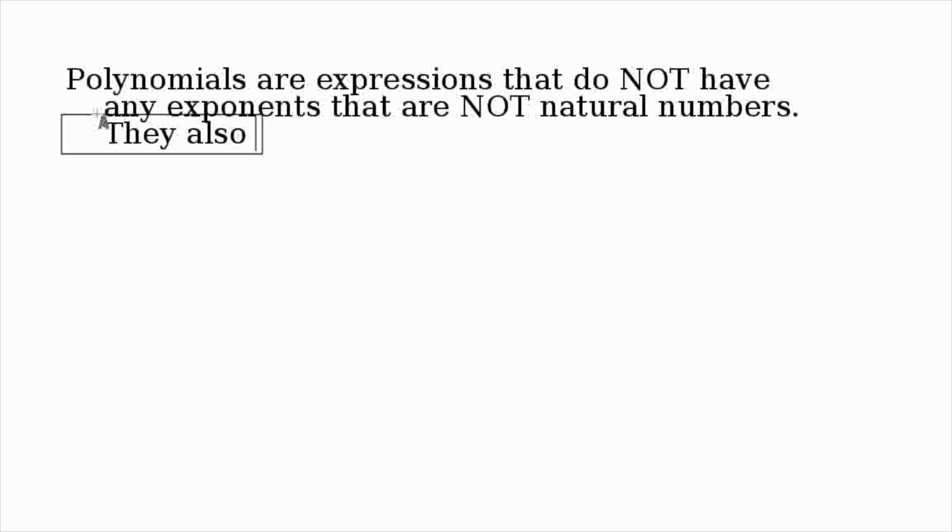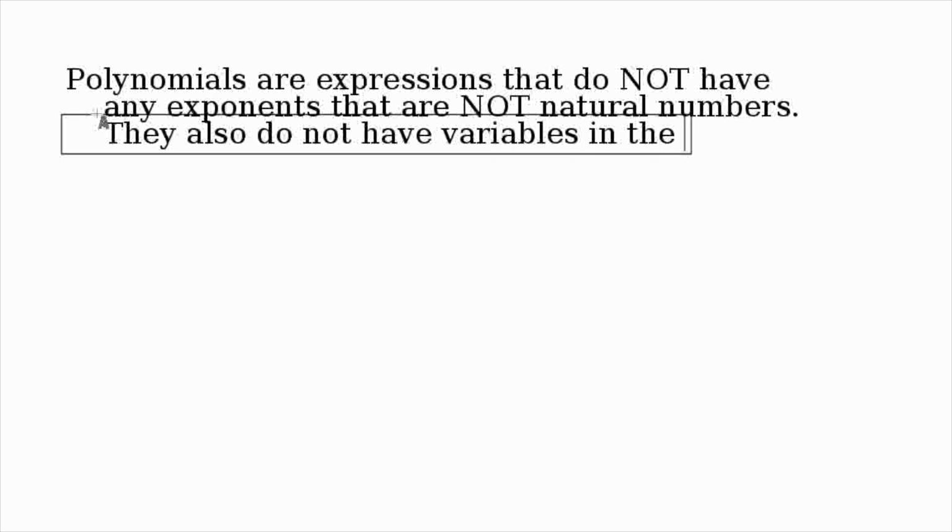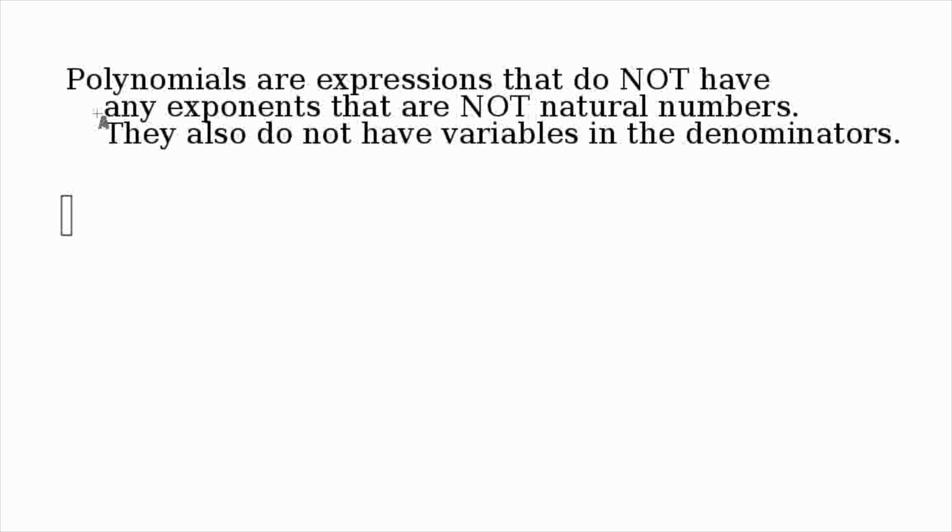Okay, they also do not have variables in the denominators. All right, that would make it not be a polynomial. So let me give you some examples of polynomials, and let me give you some examples of expressions that are not polynomials. 4x plus 1.